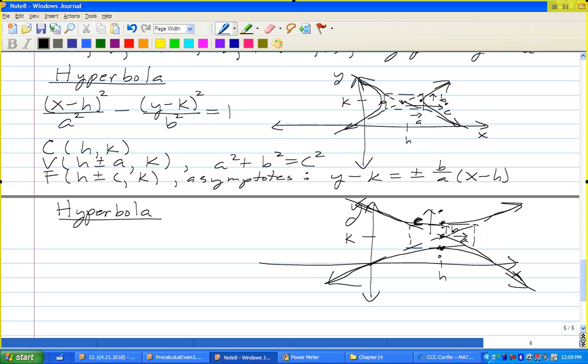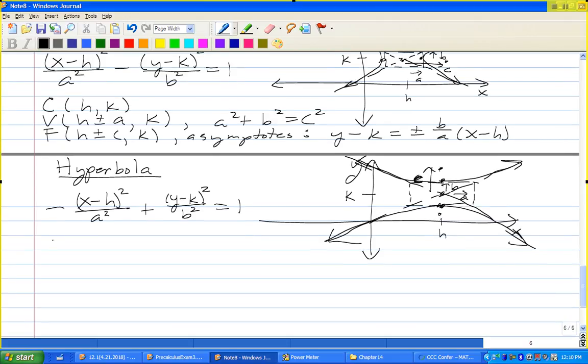Then we have (x minus h) squared over a squared, minus (y minus k) squared over b squared equals 1.